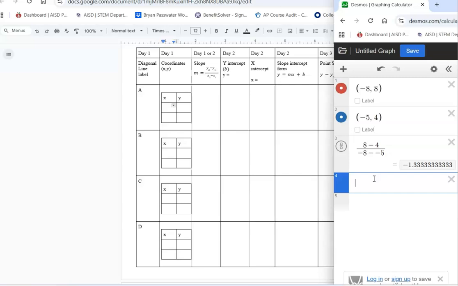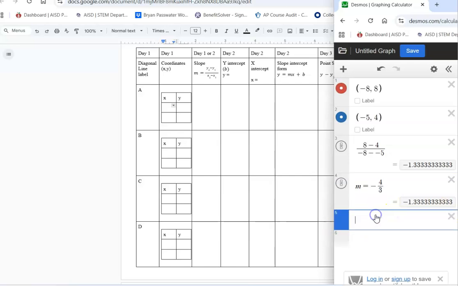You can write that as the slope. If you wrote decimals, don't write a bunch of threes. You can just write -1.3, and that'd be fine for this. Fractions are better, so for me, I'd write -4/3 right here.